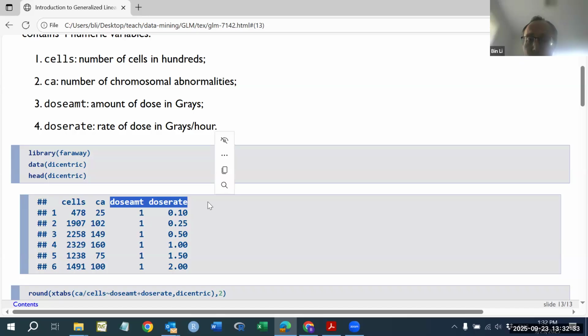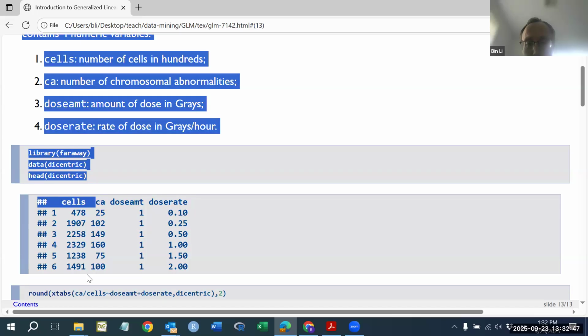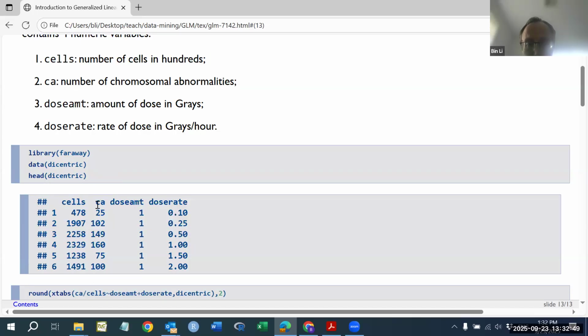So we want to see the dose amount and dose rate effects on the number of chromosome abnormalities that occurred. So CA is the count.